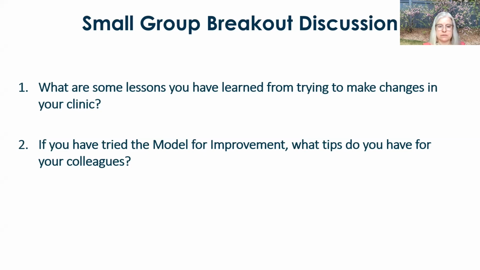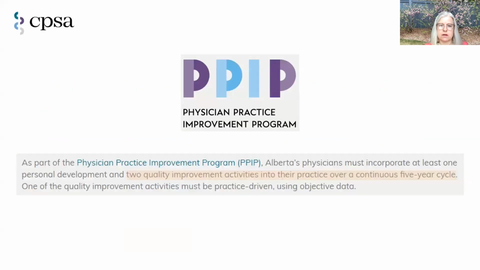It's ongoing, for sure. So I don't want to spend a lot of time on this because this is fairly new, but I did want to mention that the College of Physicians and Surgeons of Alberta has brought out a PPIP. It's called the Physician Practice Improvement Program. Most of us get our practices reviewed every 5 years.